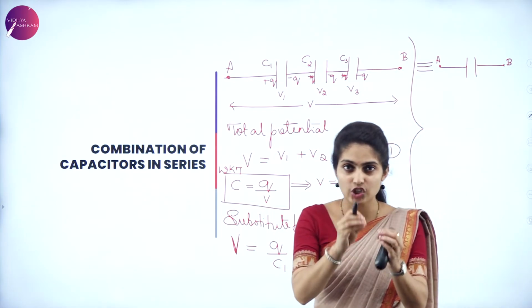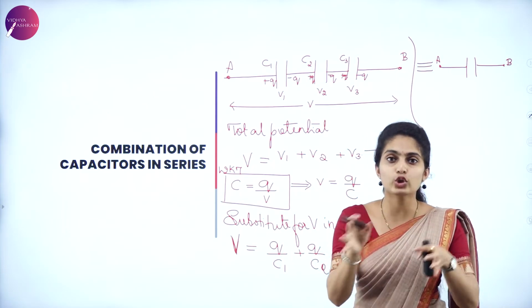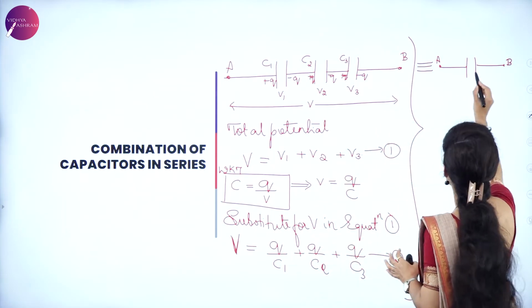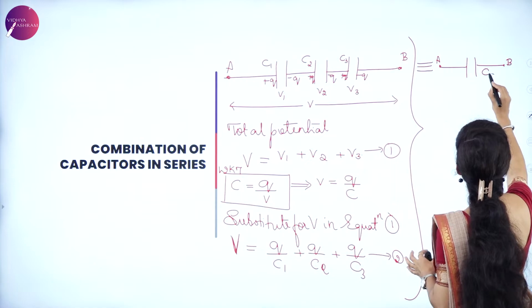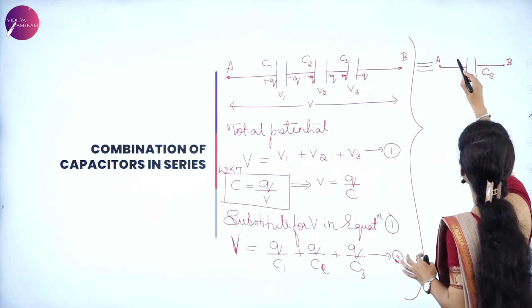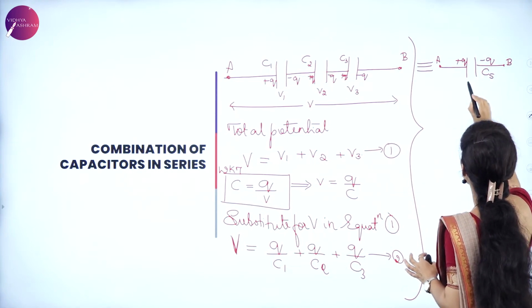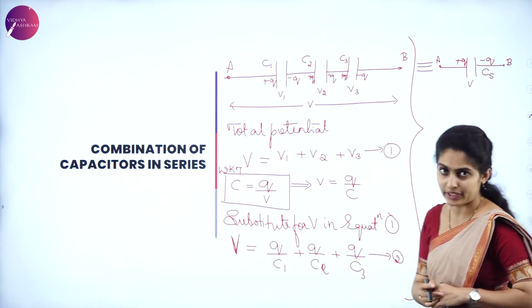That is just a replacement for the combination, but the value is the same. So here we have capacitors in series CS, with charge plus Q and minus Q, and the potential is V.